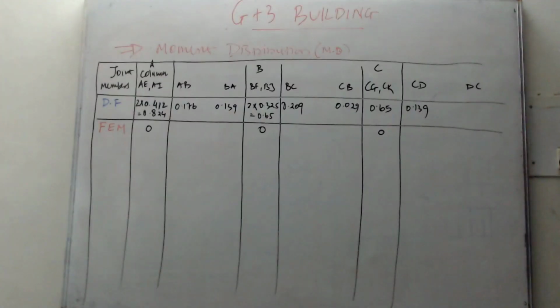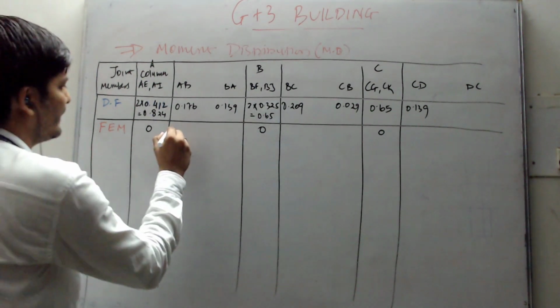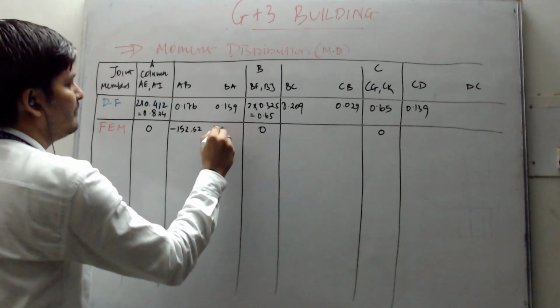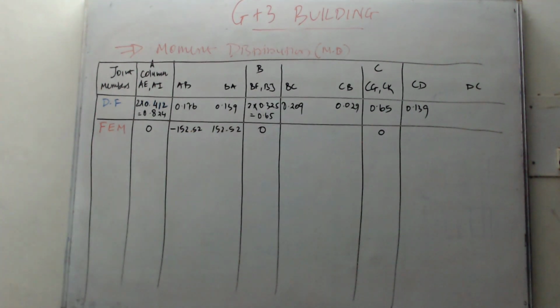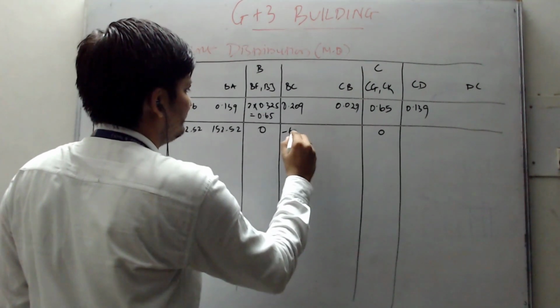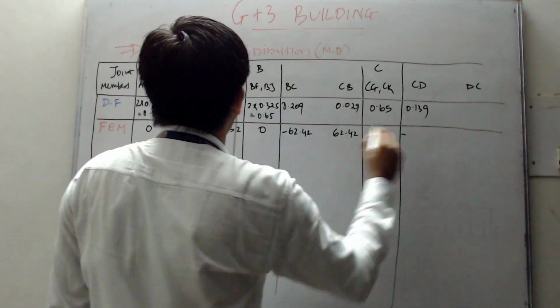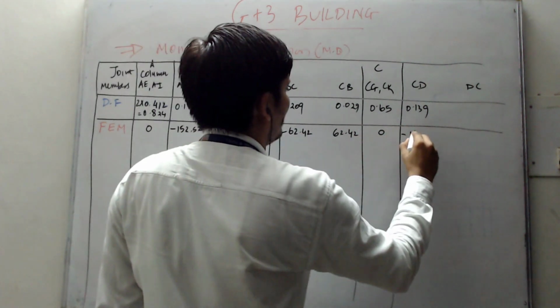Then at AB we already calculated, so minus 152.52 and plus 152.52. Then for the BC span we have minus 62.42 and 62.42, and here minus 152.52.